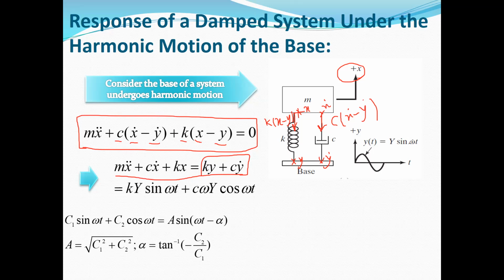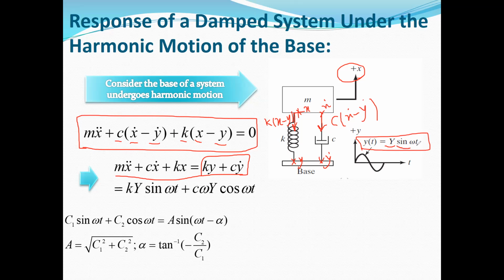So if you substitute y according to our initial assumption that y is equal to uppercase Y times sine omega t, we will have k times uppercase Y sine omega t, plus c times y dot, where uppercase Y is a constant value.